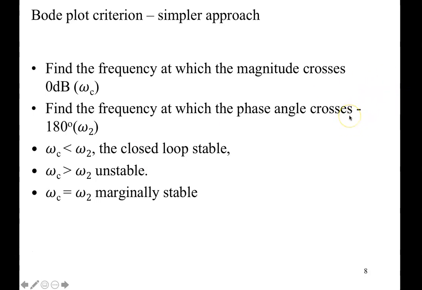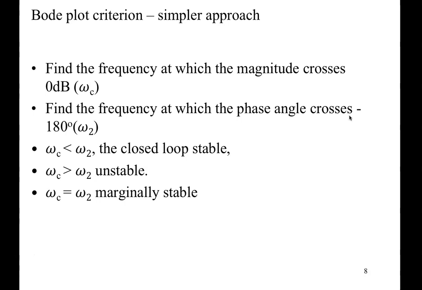It just got a bit muddled on this side. And then find the corresponding frequency for that. So you have two frequencies here. One frequency is where the magnitude of the gain crosses 0 dB. The second frequency, omega 2, is where the phase angle crosses minus 180 degrees. So I have two frequencies here.